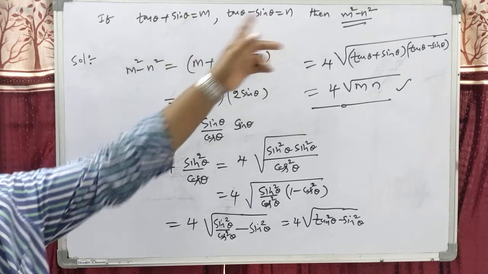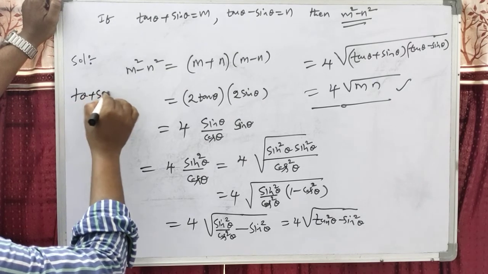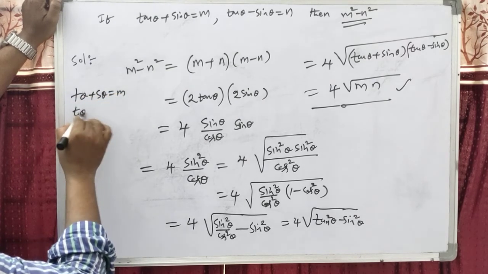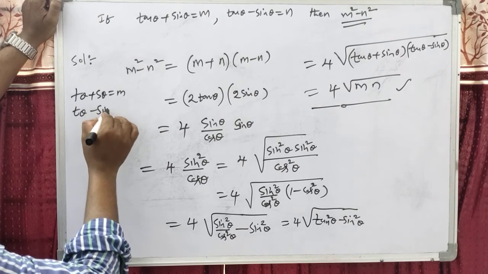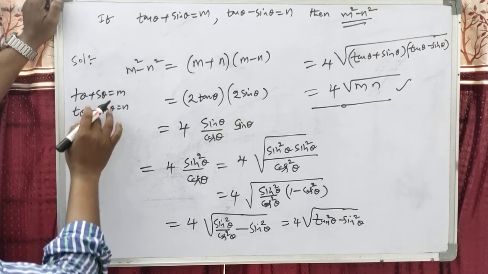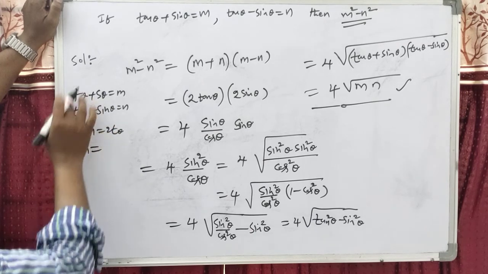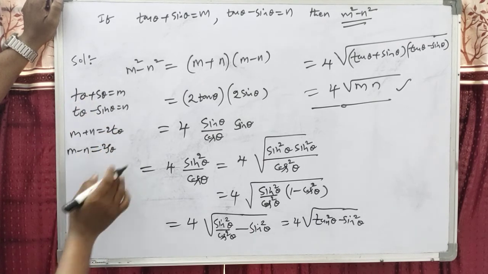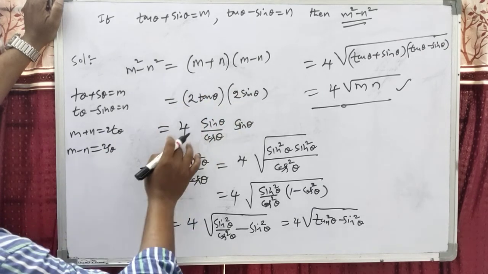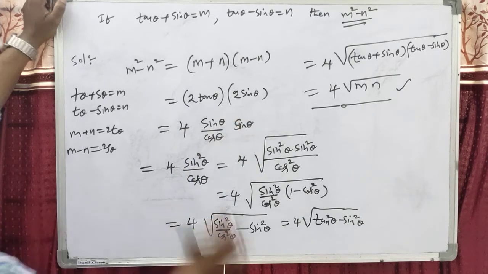Sum of these, students: tan theta plus sin theta equal to m, tan theta minus sin theta equals n. m plus n, these two are cancelled, 2 tan theta. m minus n, these are cancelled, 2 sin theta. Then we take 2 into 2, 4, tan is sin by cos into sin, this is sin into sin, sin square.